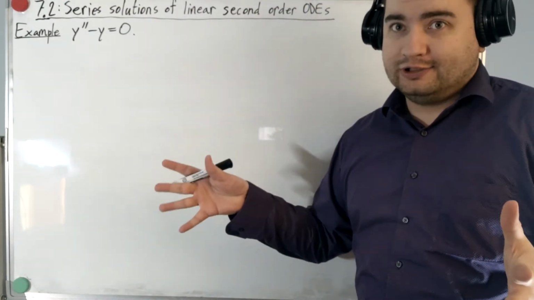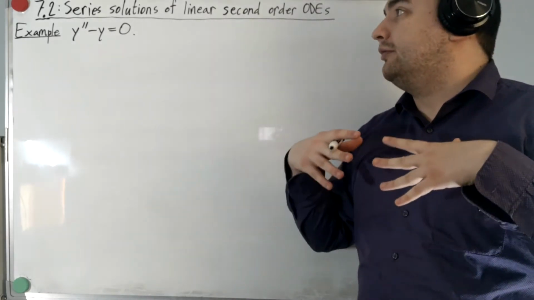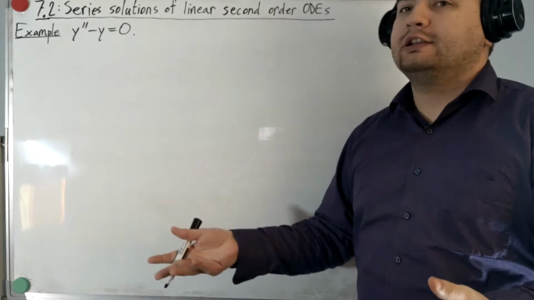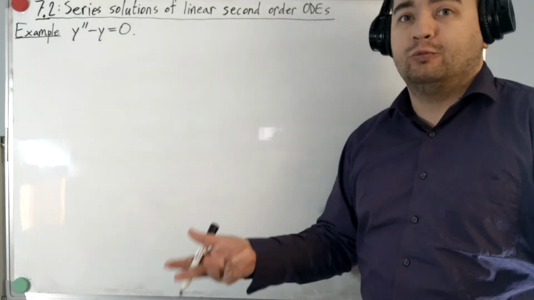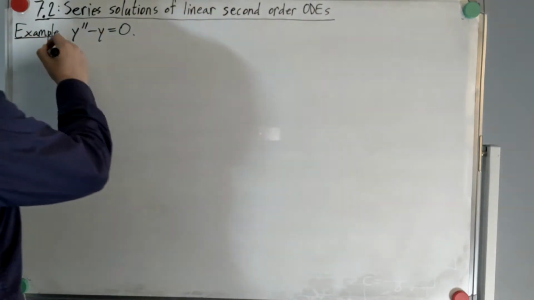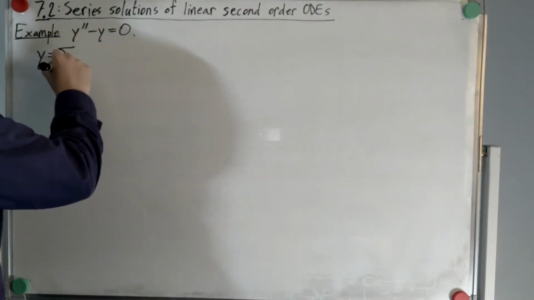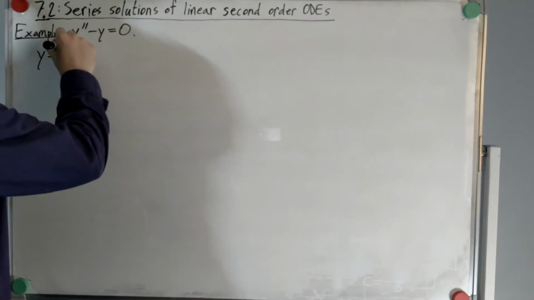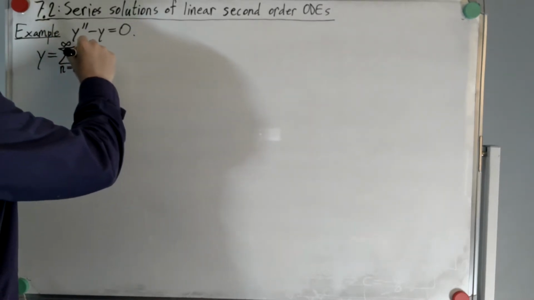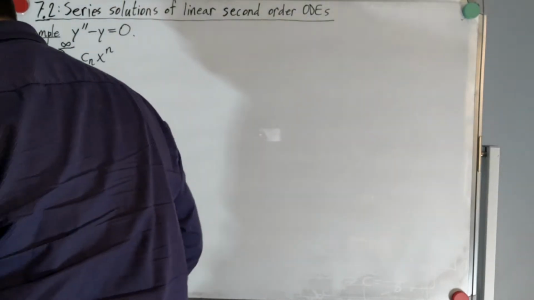Again, characteristic equation would be a much better way to do this, but we're just looking at this to illustrate how the method works. So what you've got to do is assert a solution, y equals sum from n equals 0 to infinity, Cn x to the n.